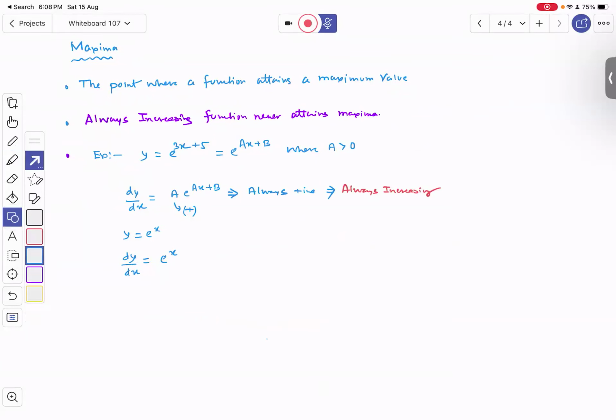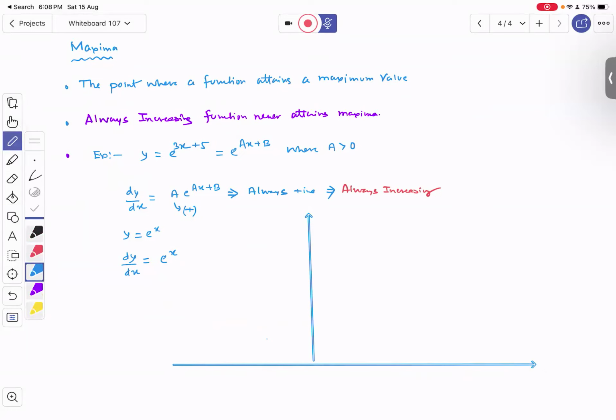Maybe I'll show you the graph of this one. If you remember it, good; if not, still good. You'll be seeing this graph in chemistry also, and before that you might have seen it in physics. So the graph of this is going to be like this: y equals e to the power x.